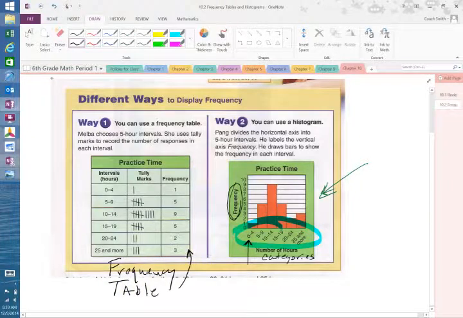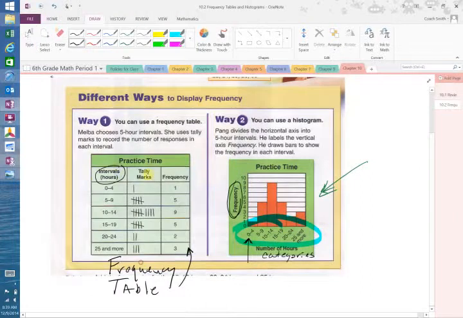In a frequency table, we have intervals, frequencies, and tallies. Not Brandon's, but tallies.